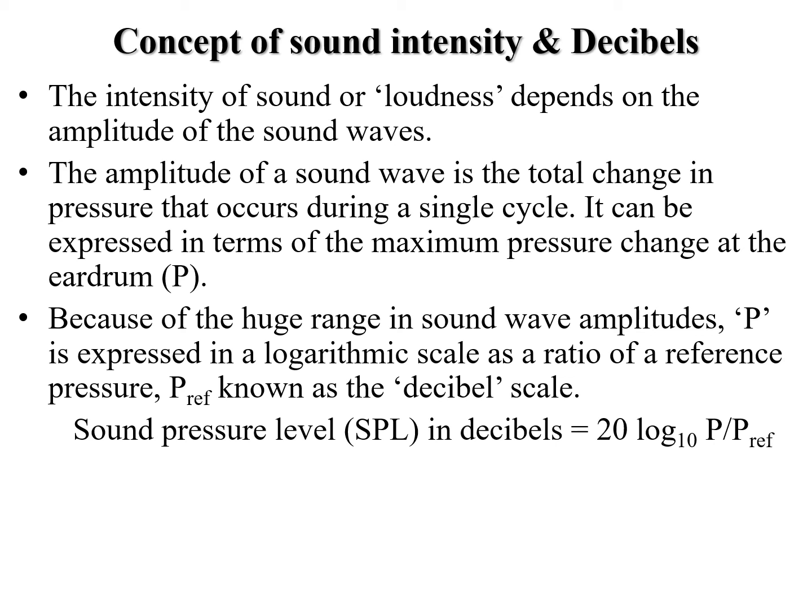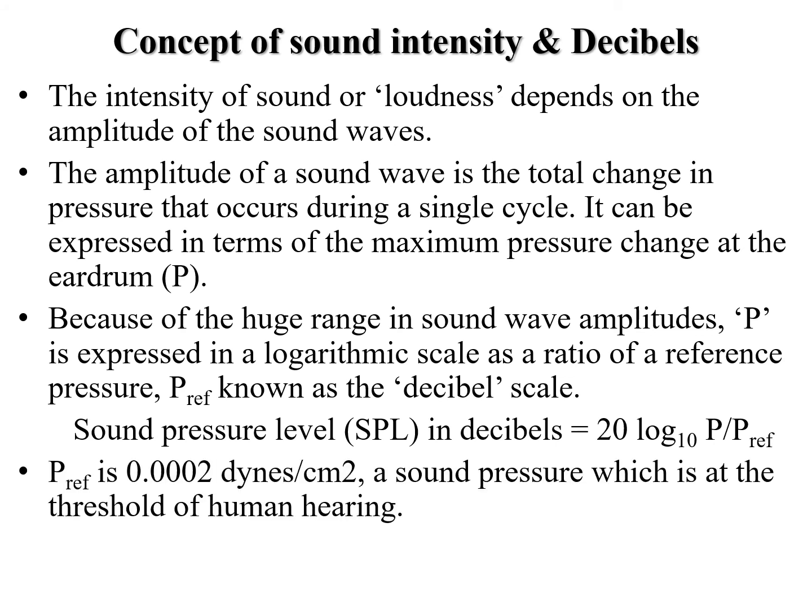So P reference had to be calculated. It had been found that a pressure of 0.0002 dynes per centimeter square is the threshold of human hearing. Means this is the least pressure over the eardrum that can cause a movement of the ossicular chain and can be perceived as a tone by the human ear.